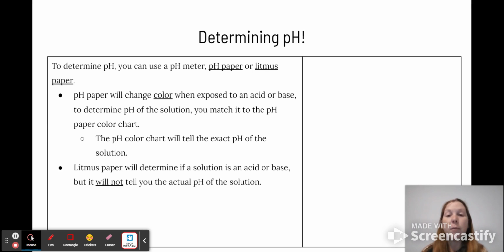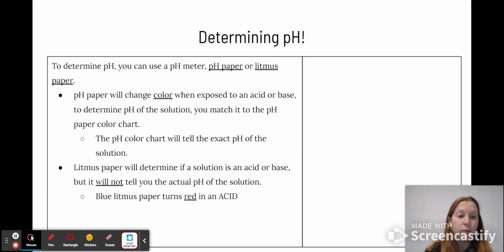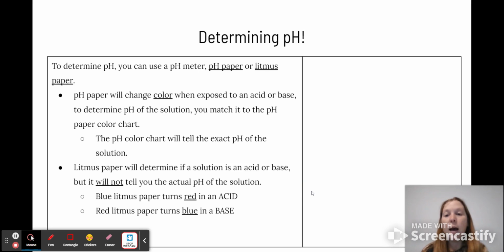We also have litmus paper, and litmus paper will determine if it's an acid or a base, but it will not tell you what the pH is because it only turns one color for an acid, one color for a base, and does not signify concentration or strength. Blue litmus paper will turn red in an acid, and red litmus paper will stay red. And then red litmus paper will turn blue in a base, and the blue will just stay blue.